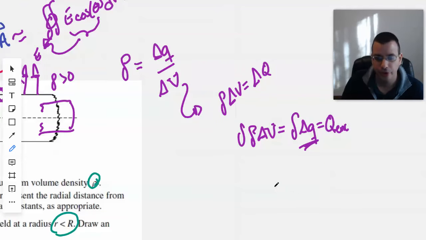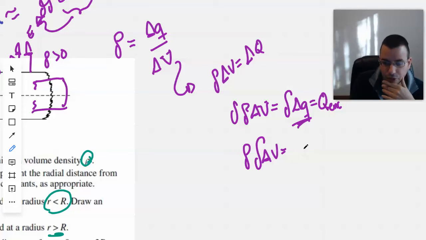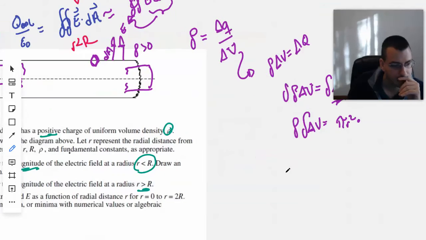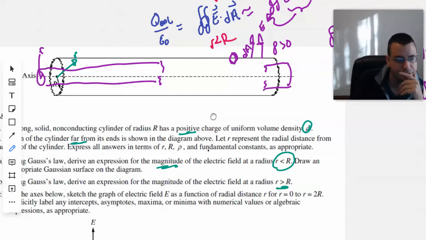So what we need to find then: rho is going to be the same, and then delta V. This is going to be the volume of our Gaussian shape within r, and the volume will be the cylinder. So we got pi r squared, which is the area of one side, times length, where length is the L of our Gaussian shape.